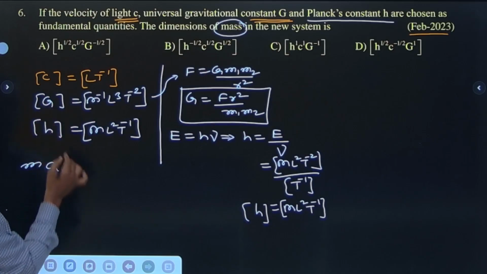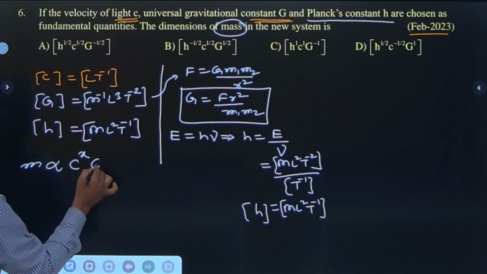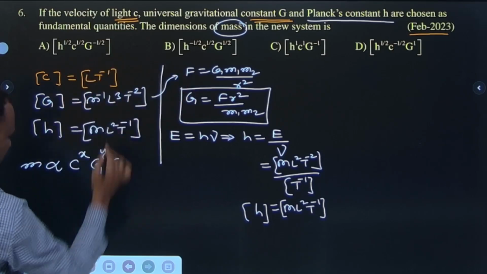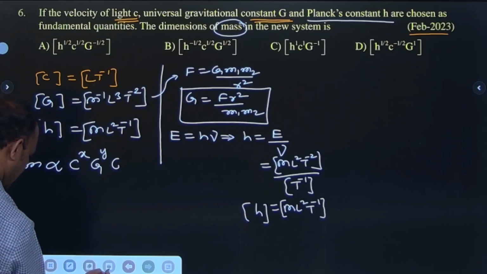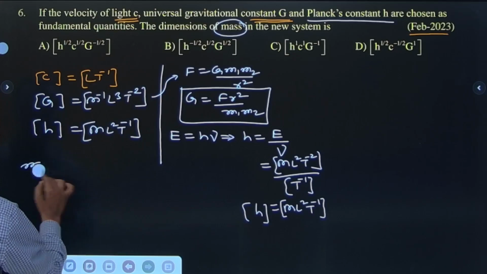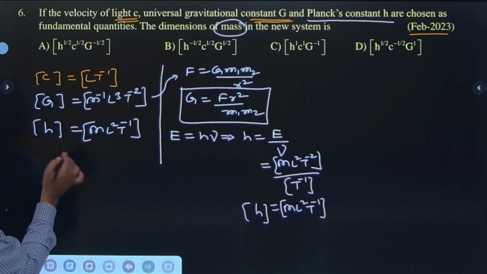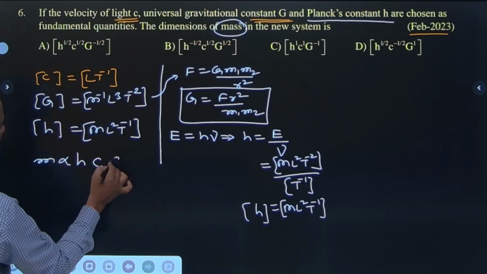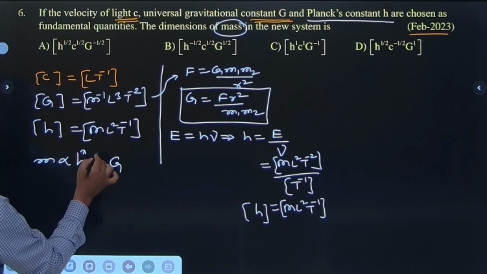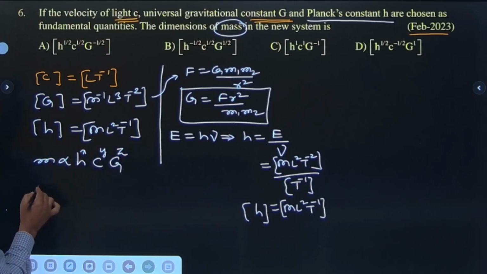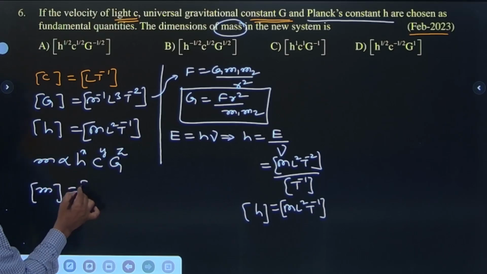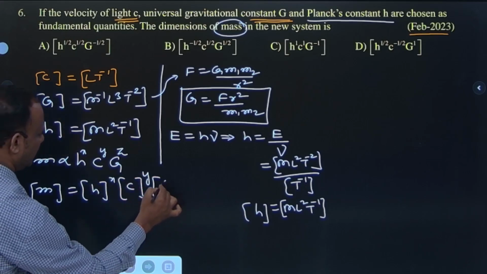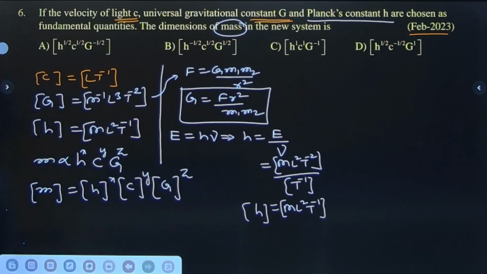Mass is proportional to C to the power of X, G to the power of Y, and H to the power of Z. I'm taking the same terminology. So M is proportional to H^X C^Y G^Z. The dimensional formula of mass is equal to the dimensional formula of H to the power of X, of C to the power of Y, and of G to the power of Z. Then you can substitute it.